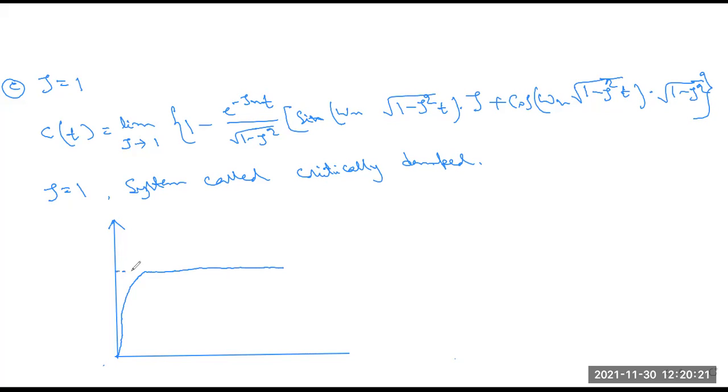These are basically the steady state line for the required output. So this is c(t) with respect to time.